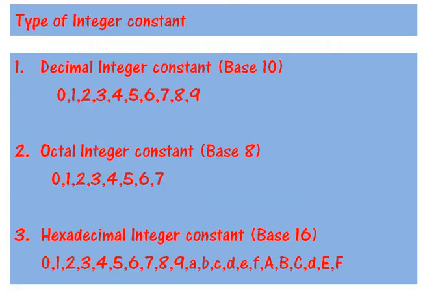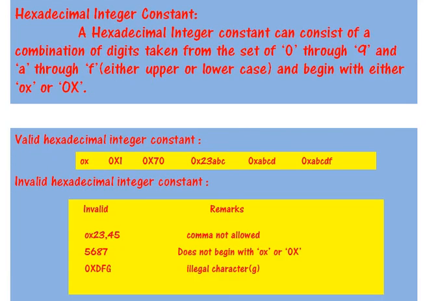Meaning hexadecimal digits are 0 to 9, small a to f and capital A to F, that is 0 to 15. Therefore, base is 16. And it begins with either small 0x or capital 0X.